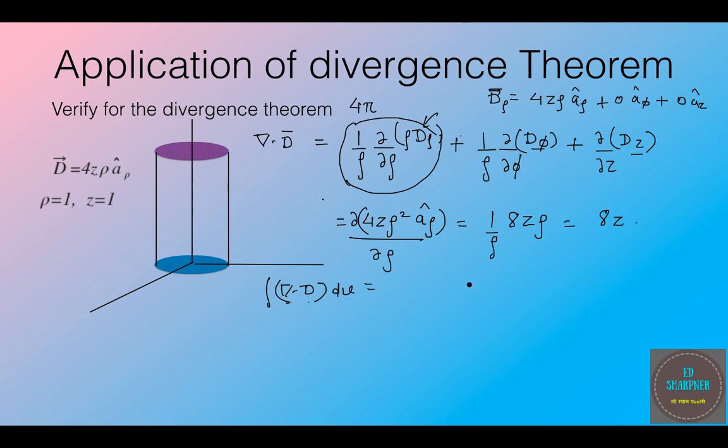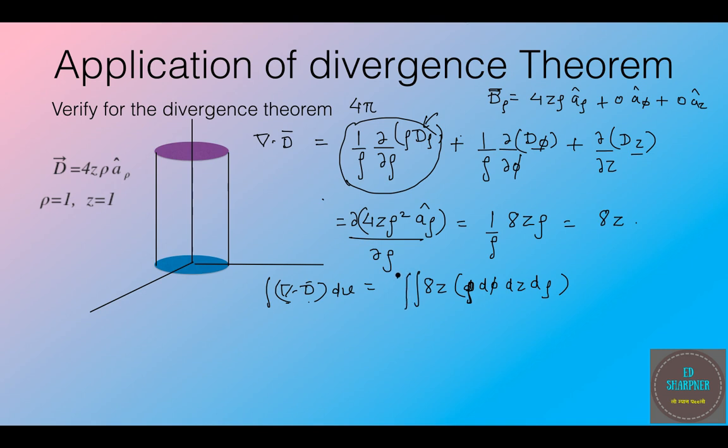Now del dot D is 8z, so this turns to 8z, and for the cylindrical coordinate system, dv is given as rho d phi dz d rho. So this is what dv is.